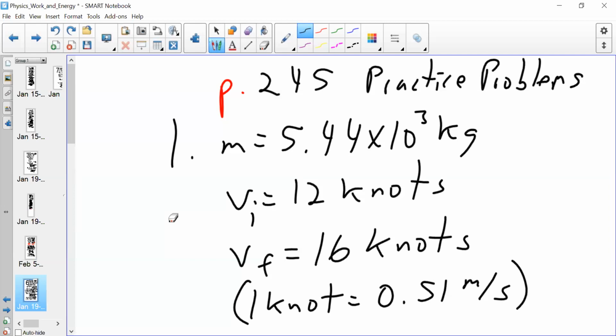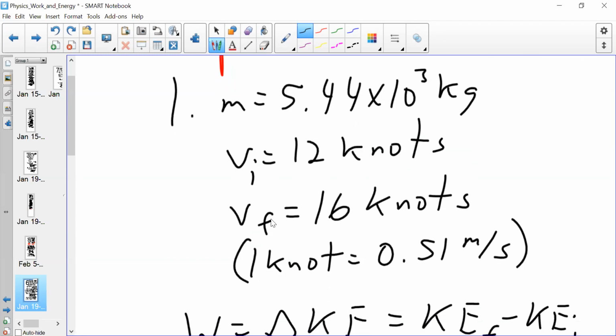So for any problem we're solving, we put down our known information: mass of the catamaran, 5.44 times 10 to the third kilograms, initial velocity 12 knots, final velocity 16, and there's our conversion factor. You've seen those before, 1 kilometer, 1,000 meters, all that good stuff. So 1 knot is about a half meter per second, 0.51 meters per second.